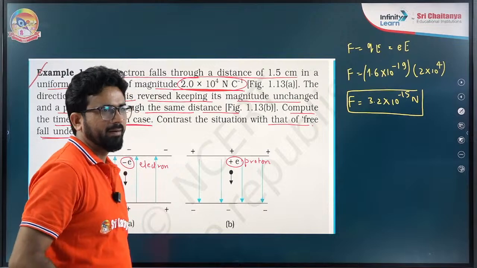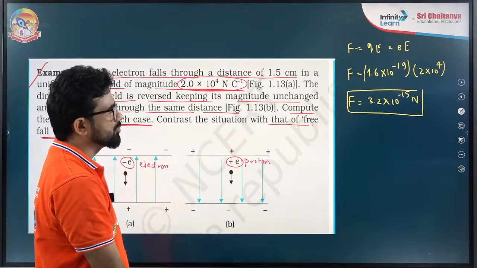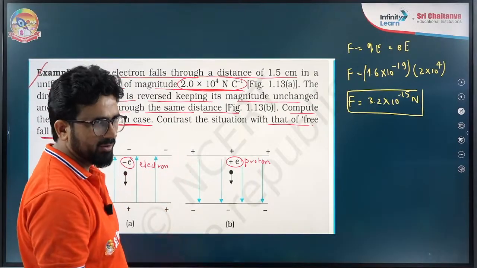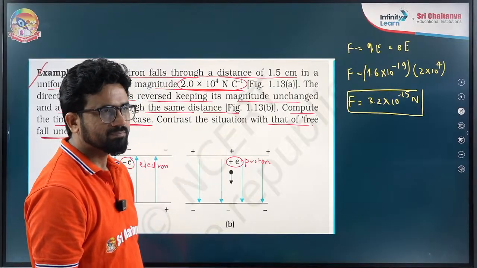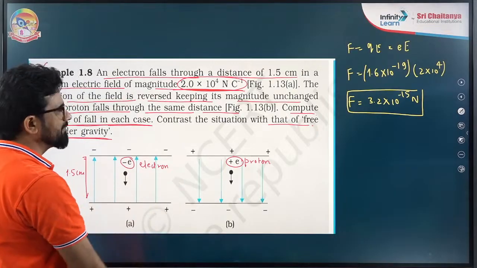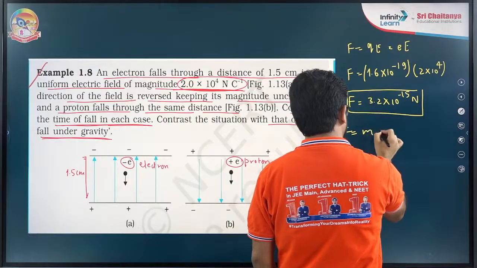Okay, please understand. Now what is happening here? The force given to you is 3.2 into 10 to the power minus 15 Newton. That's the force. Very good. Now the second part is that we have to calculate for the electron. How to calculate? F is equal to m into a.